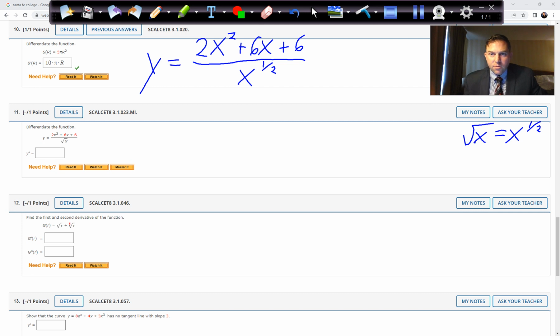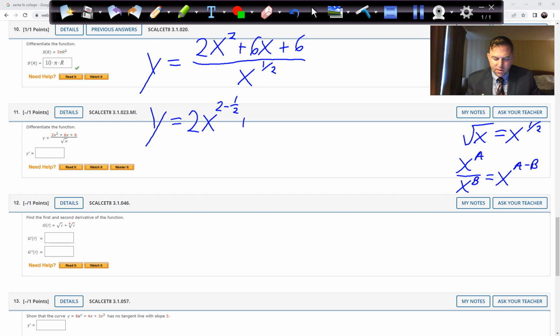Now it turns out that we can break this into 3 different terms. So this is really y equals 2x to the 2 minus 1/2. So when you have x to the a over x to the b, that's the same as x to the a minus b. So I've got 2x squared over x to the half. Let's write that as 2x, 1 base, x, raised to the 2 minus 1/2.